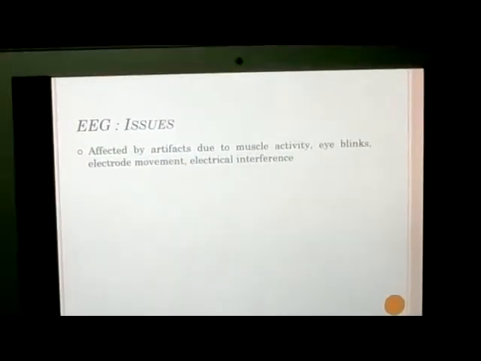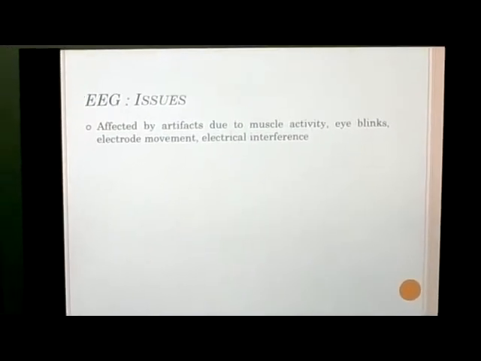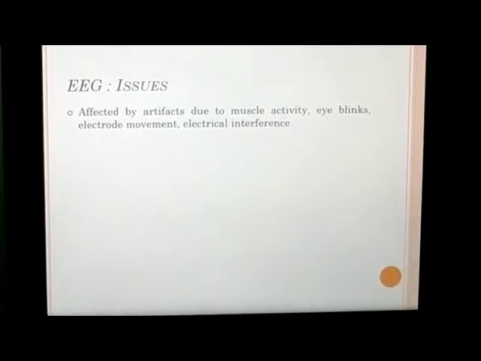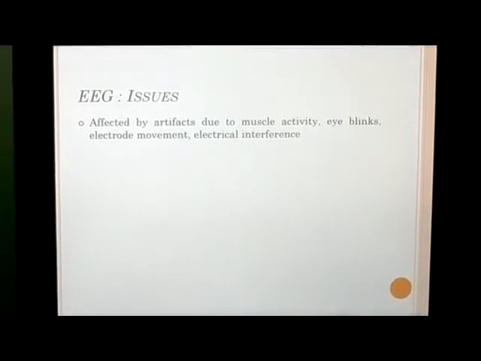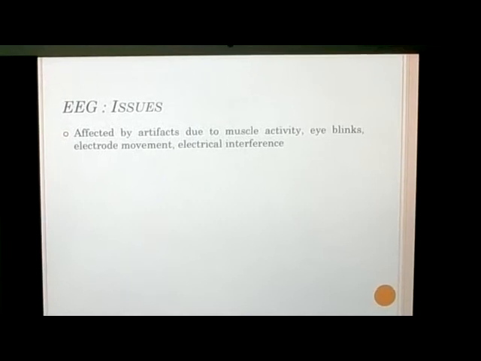These EEG signals are mainly affected by artifacts due to muscle activity, eye blinks, electrode movement and electrical interference. What I mean by this is that the EEG signals we get from our brain are so faint that they get easily affected by artifacts like any RF signals in the surroundings, noise signals, and many other things, like when we move our muscles or our hand.